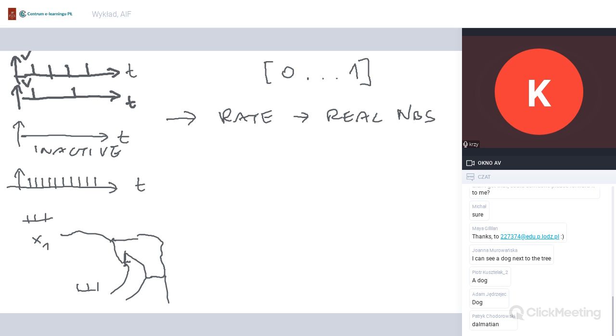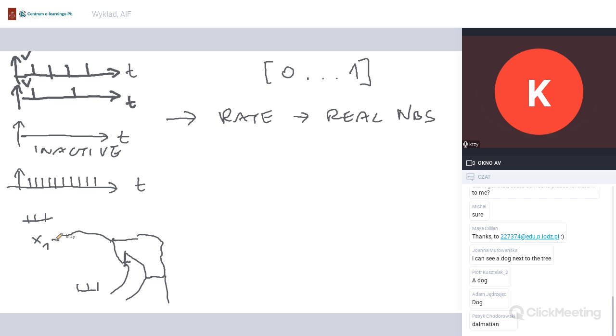This is one of the most frequently used encodings of activity of incoming signals. So a neuron can get a real number at its input.